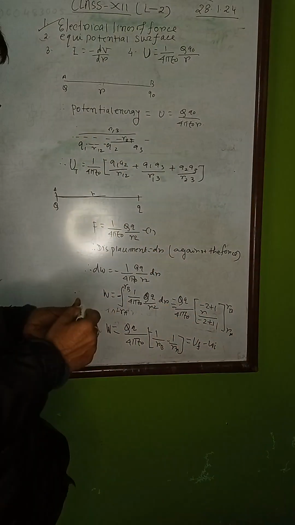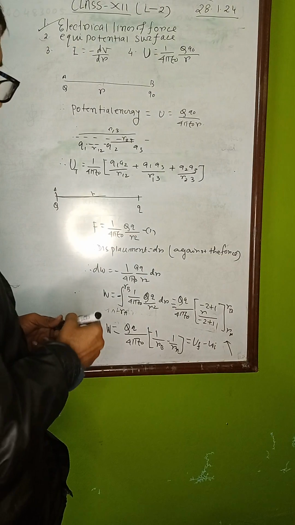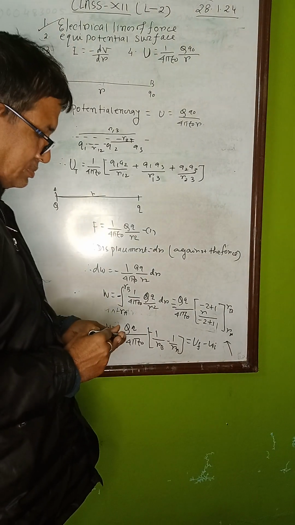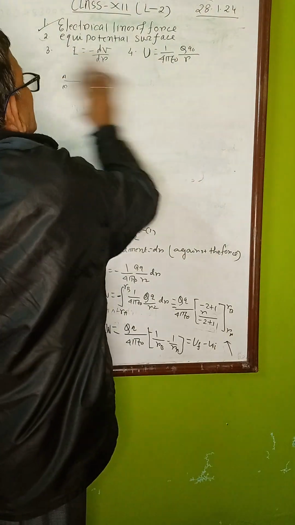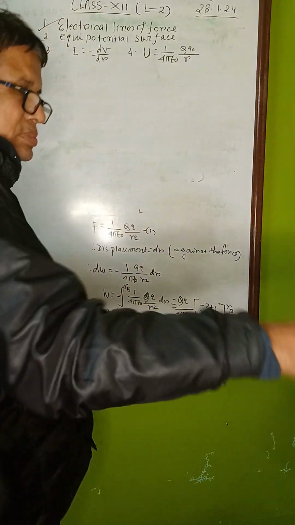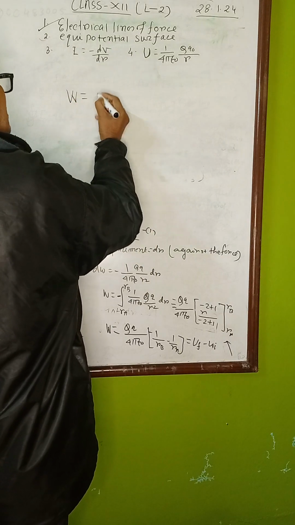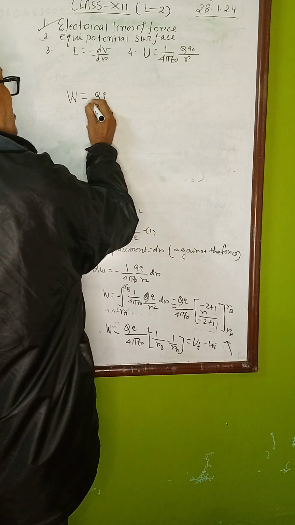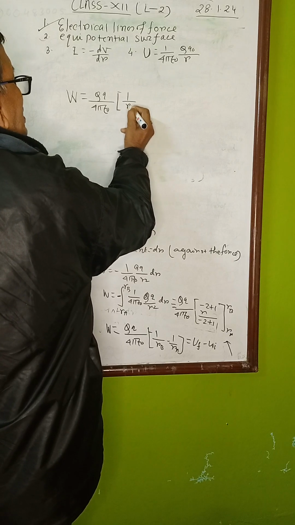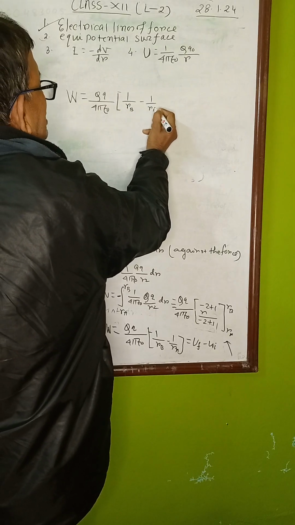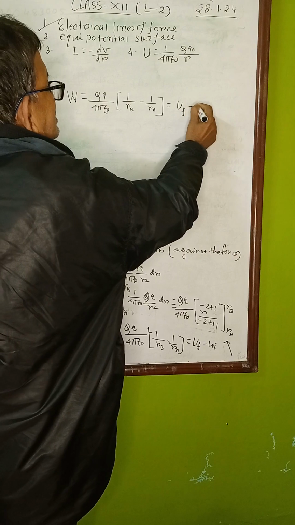If we go to the top again, we can write work done W equal to Q q by 4 pi epsilon naught times 1 by RB minus 1 by RA, that is equal to final potential energy minus initial potential energy.